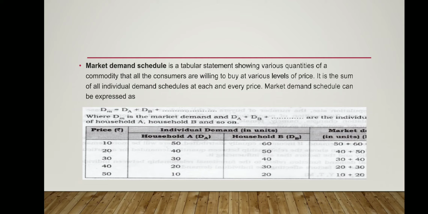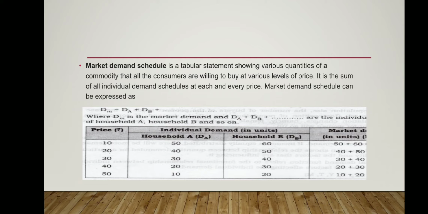At the same prices individual B demanded 60 at the price of 10 rupees, 50 units at the price of 20 rupees, 40 units at the price of 30 rupees, 30 at the price of 40, and 20 units at the price of 50.